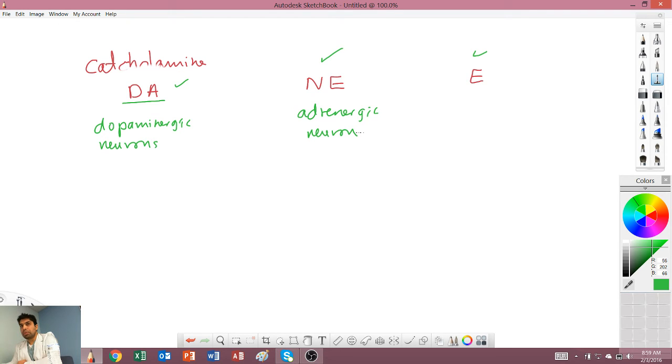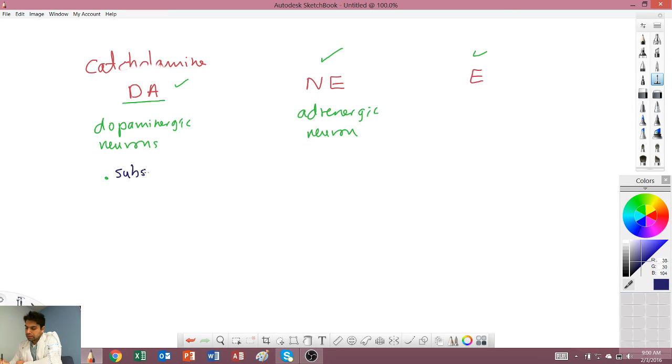Even dopamine comes under the same category, but it has its own selective name as well, dopaminergic neurons. Now we're going to find out where these neurons are located primarily. They're located in multiple parts of the body, but okay. Dopaminergic neurons, do you know where they are located?